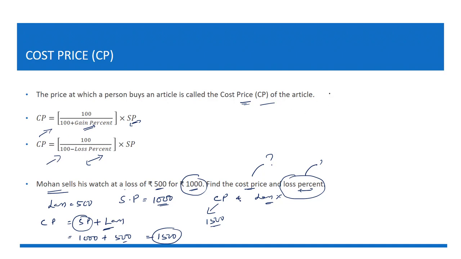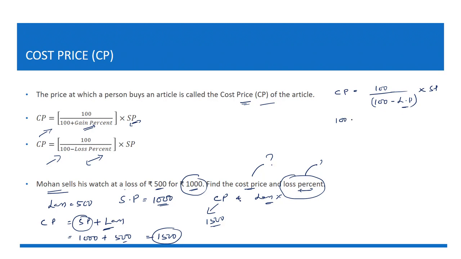We know the cost price is equal to 100 divided by 100 minus loss percent, into selling price. So we need to find this. Let us go this way.